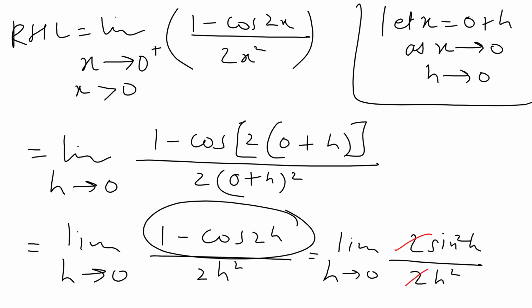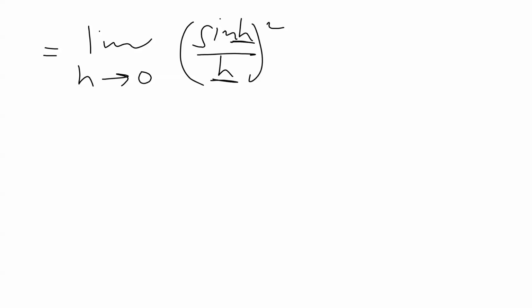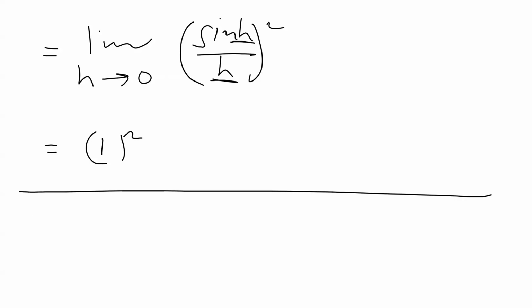Now what we'll do is take the square outside. Now see, sine h upon h is 1, provided h is approaching 0. So this is 1 square. So from 1, k is equal to 1, because LHL or RHL is equal to k in equation number 1. So k is equal to 1.